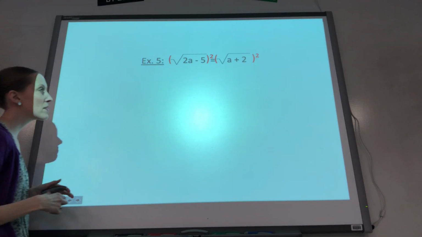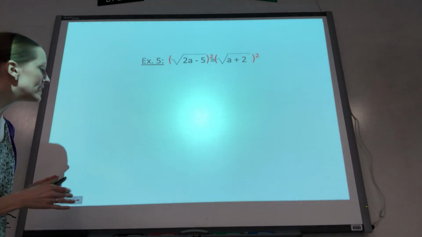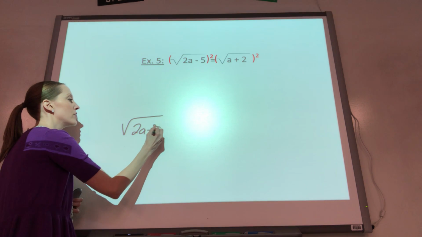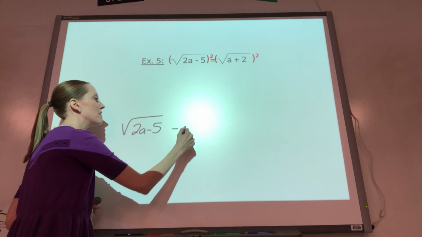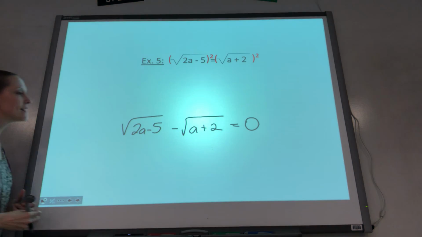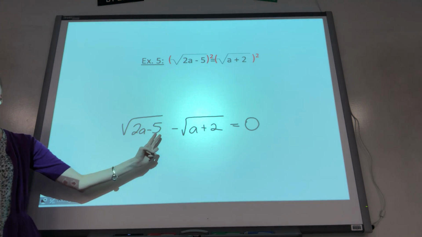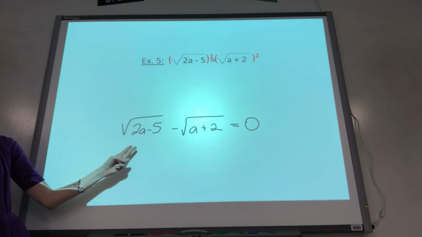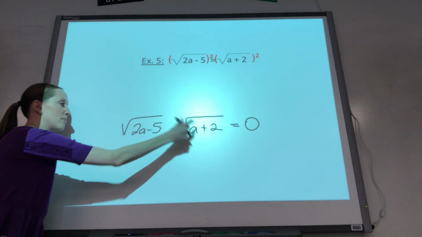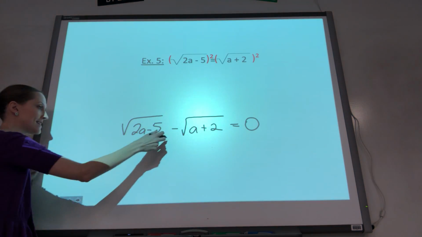Now, that makes me remember something. On the quiz, we had something like this: square root of 2a minus 5 minus square root of a plus 2 equals 0. If that is how this problem was set up, you would not be able to square both of these right off the bat.